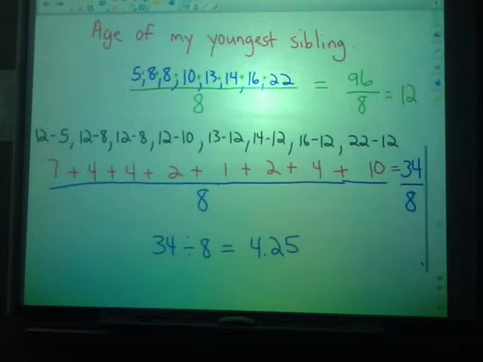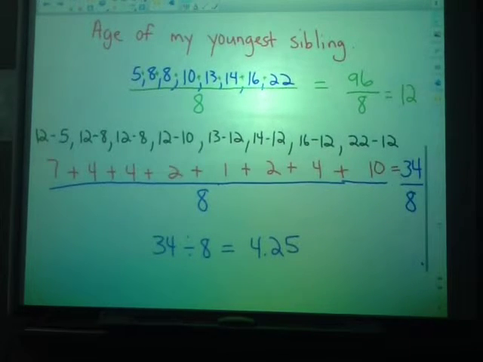Now down below in black, if you look real closely, I took 12, the mean that I'd calculated, and I subtracted 5. Right below the 12 minus 5, I put the number 7. And then I did that with every single number in my data set. So in black, I did 12 minus 8 again, then subtracted 10.